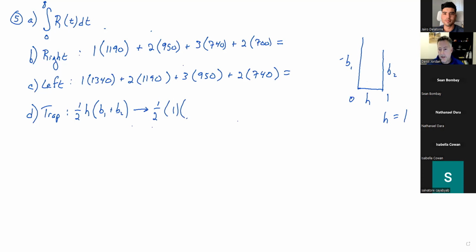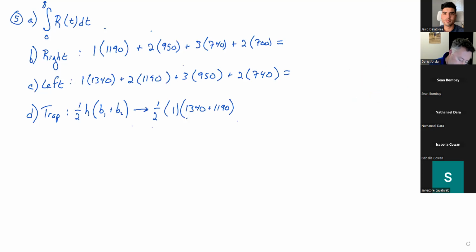And for the bases, you're not deciding whether it's 1340 or 1190. It's both of them because you have to add them together. Okay, and then it's the same thing all the way down.